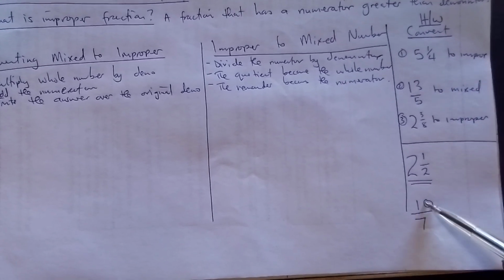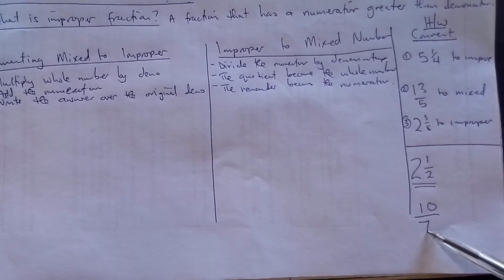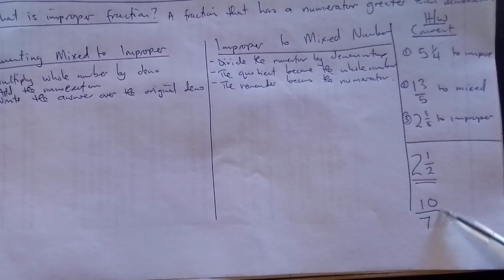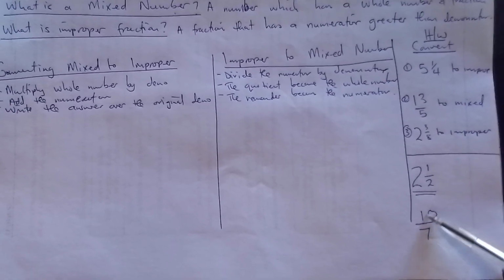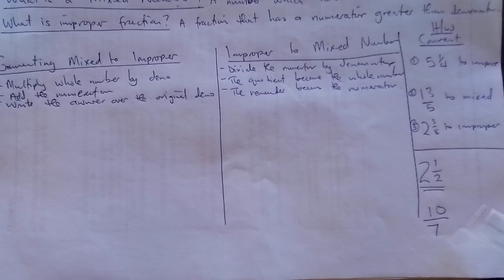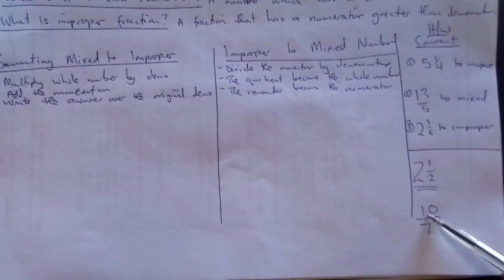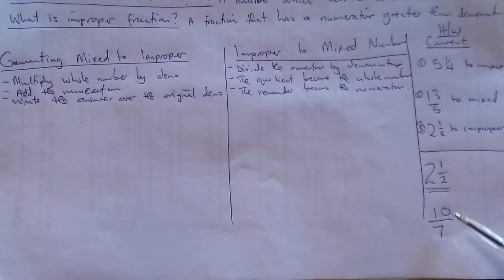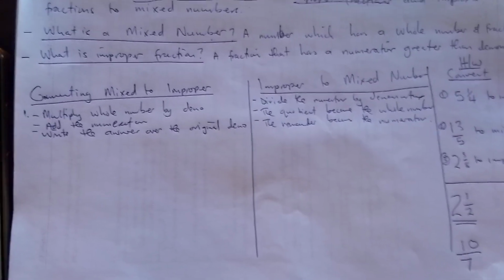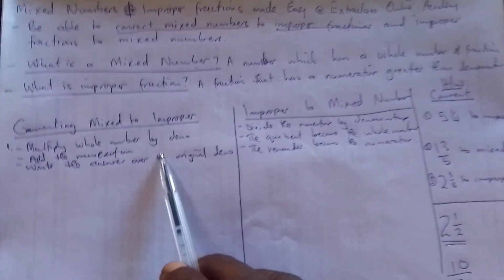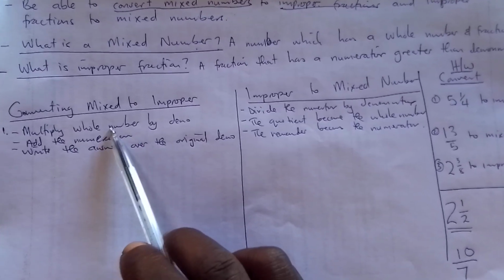Our numerator is 10, our denominator is 7. This fraction is an improper fraction. So likewise, we can convert this to this, or this one to this one. This is the objective of today. Let's start with converting mixed number to an improper fraction.